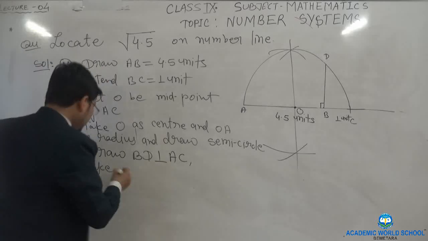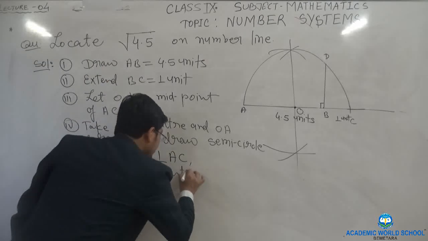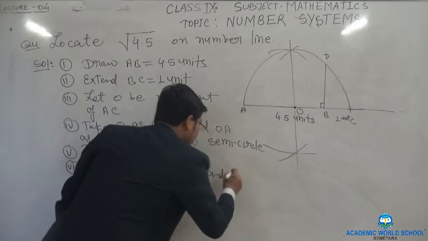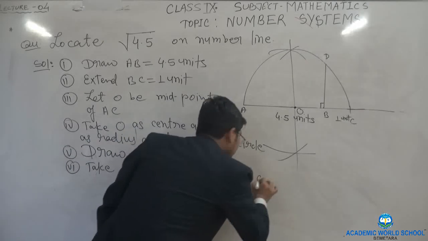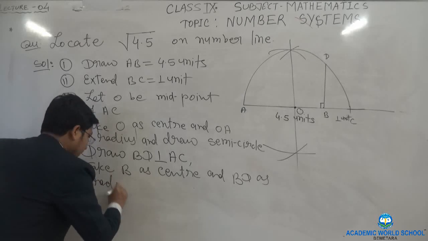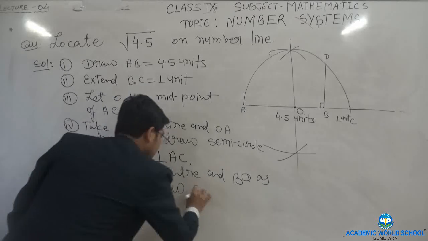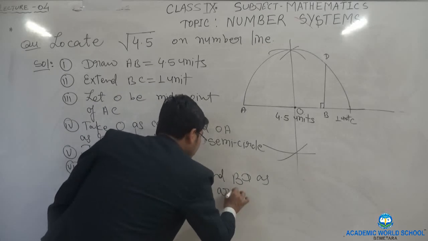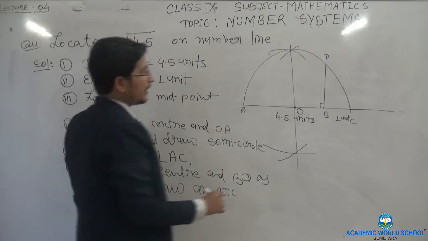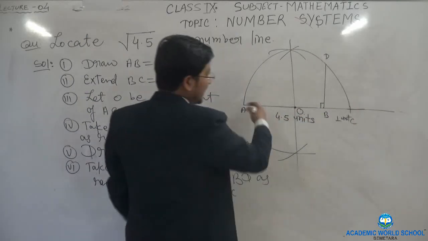Take B as center and BD as radius. Draw an arc extending on the line segment AC.